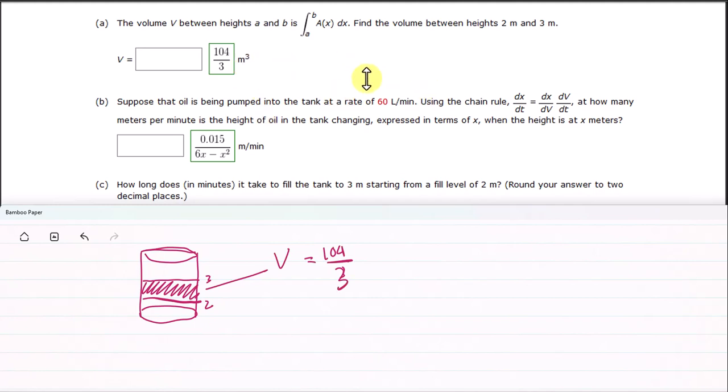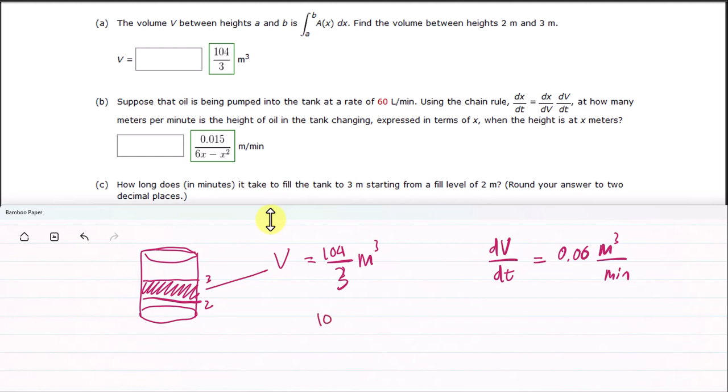And the rate at which the volume is changing is 60 liters per minute, and that is dV/dt. It is 0.06 cubic meters per minute. So we have the rate of change of volume, and we have the volume.